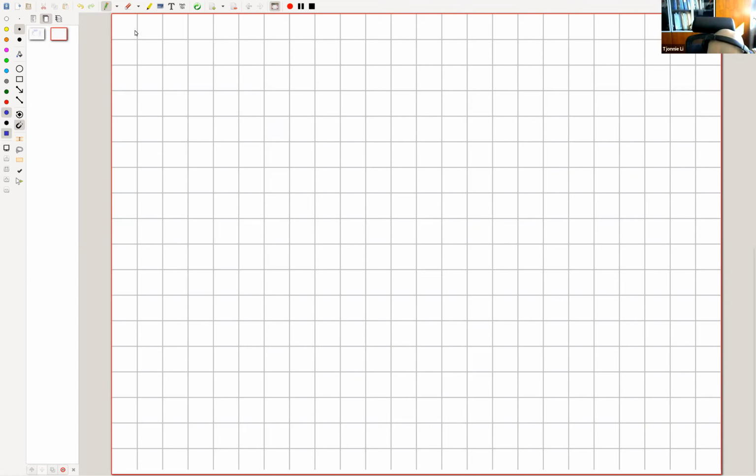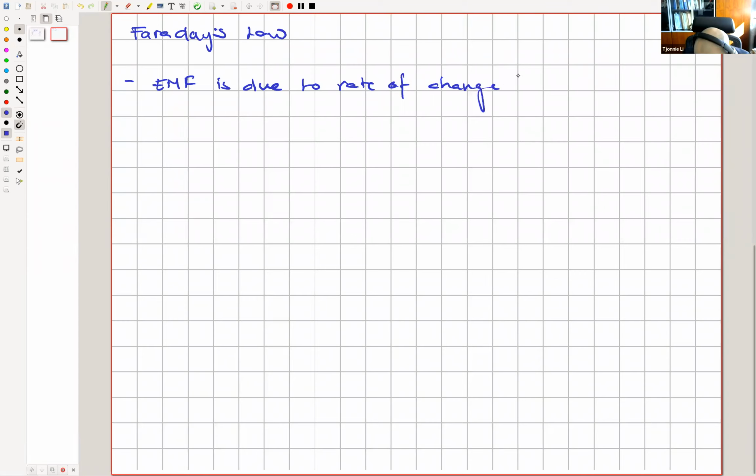So, in particular, we looked at Faraday's law. Faraday's law is basically saying that the electromotive force, EMF, is due to the rate of change of the magnetic flux.